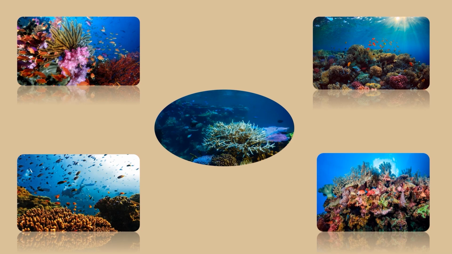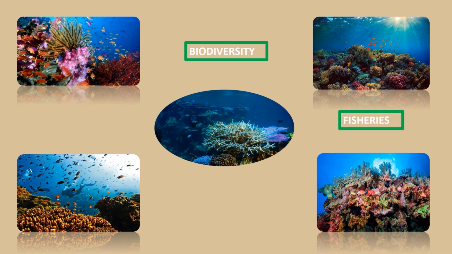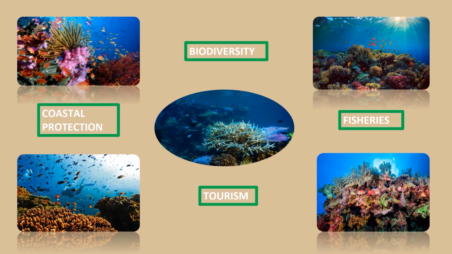A few functions of coral reefs are: they help in maintaining biodiversity of the ocean. They give a lot of shelter for fishes. Hence, coral reefs are an ideal place to identify any fish. They act as an underwater tourist attraction. They also provide protection to the coastal surfaces by avoiding many tsunamis.